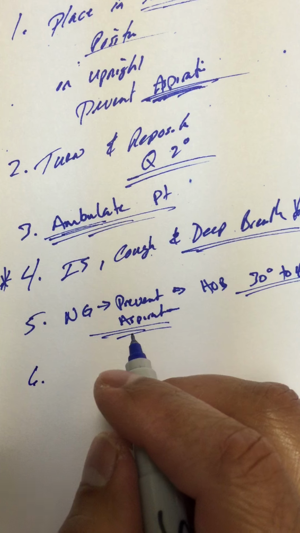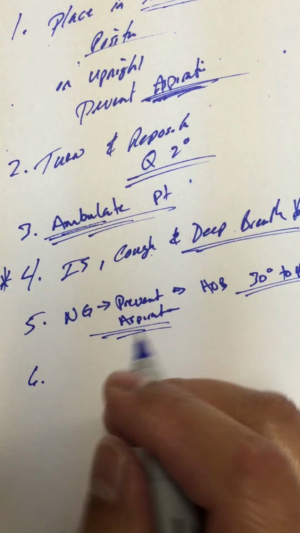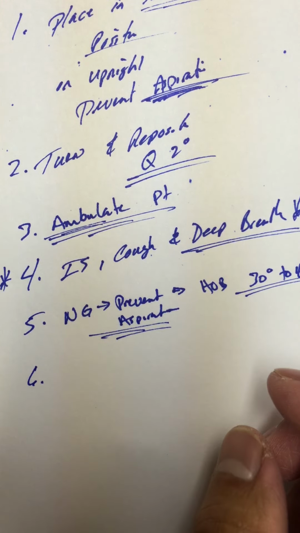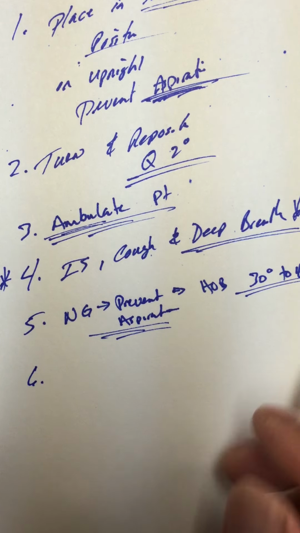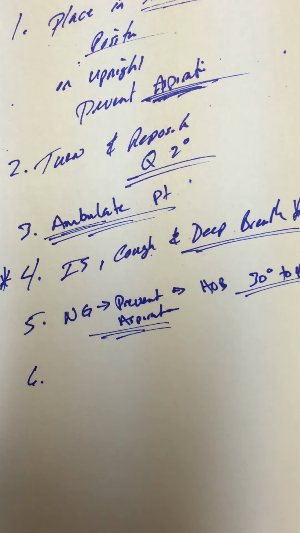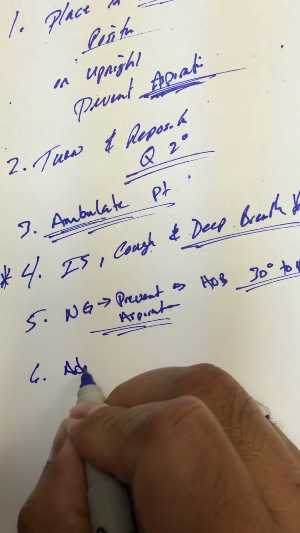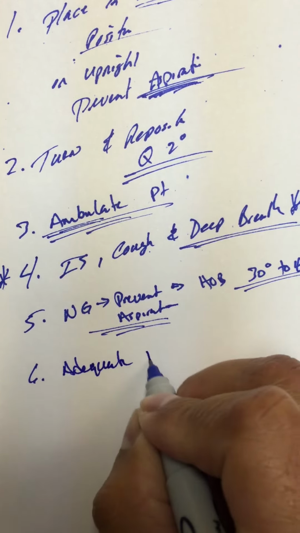Now, for example, if this patient has something like a gallbladder removed, some type of abdominal surgery, anytime that they take a big deep breath in, it's going to cause pain. If your patient is in pain, they're less likely to take deep breaths in. So you want to make sure you have adequate pain control.